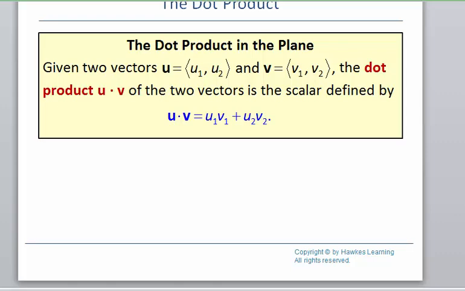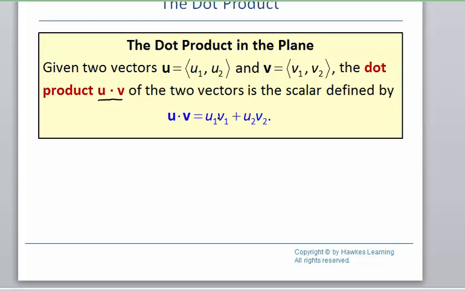Given two vectors u and v, the dot product, and we want to note that this is how we represent the dot product with the dot in between the u and the v, and we find it using this formula. Now, this formula is very easy to work with.